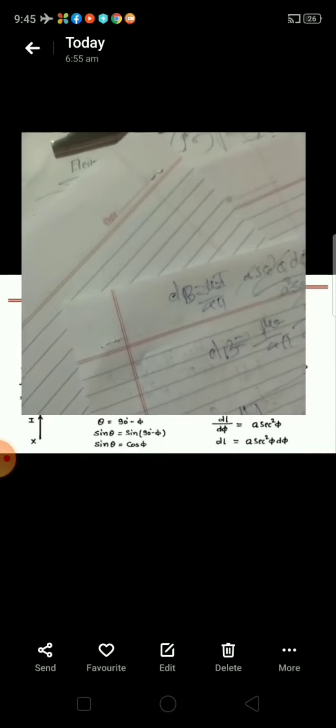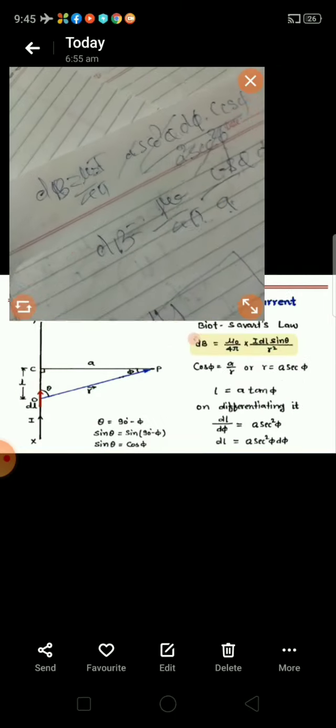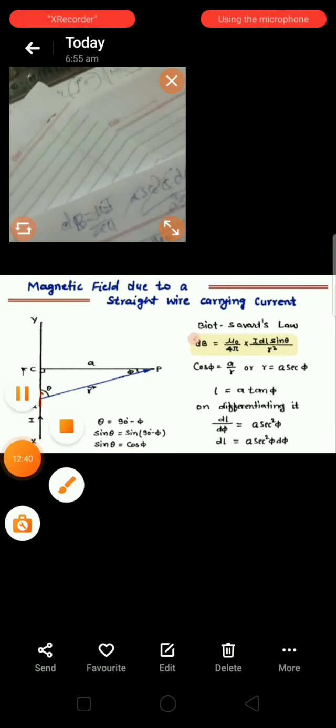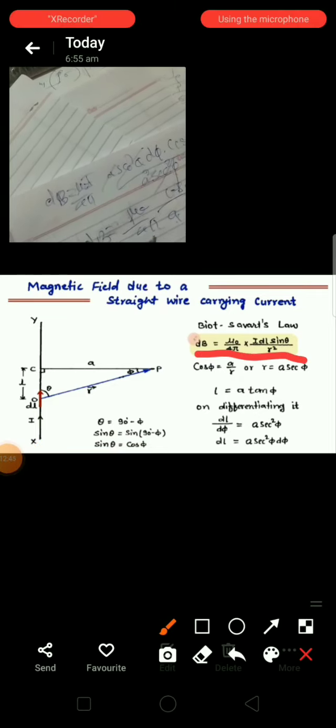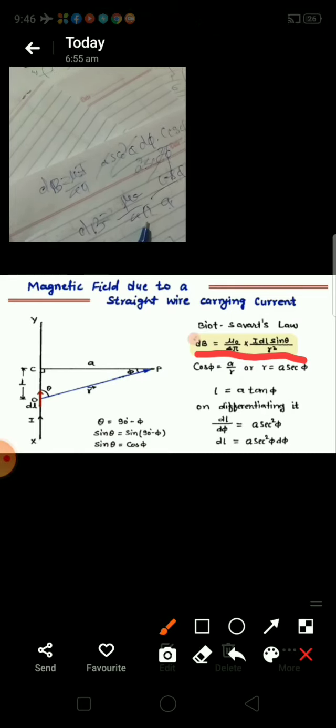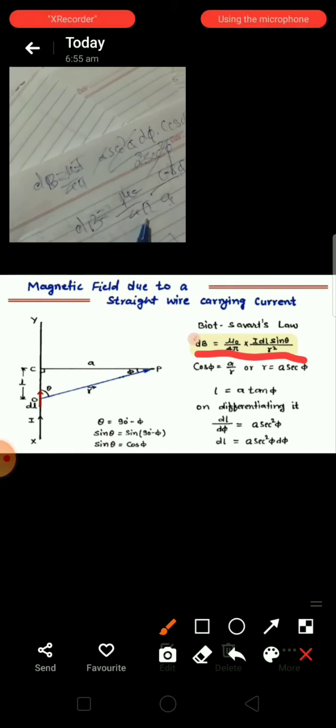Next, if you do not understand, look at here, each and every point. Mu naught over 4 pi I dl sin theta, cos phi, and a divided by r, where r is equal to a sec phi. How do we get sec phi? 1 divided by cos phi is sec phi.